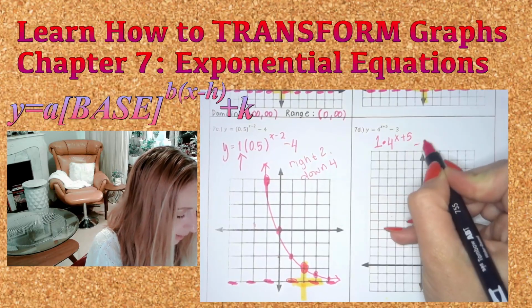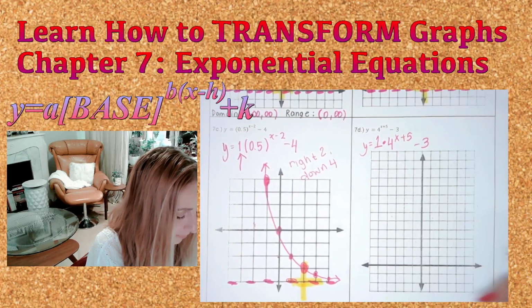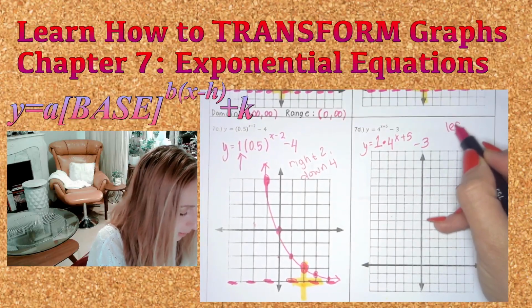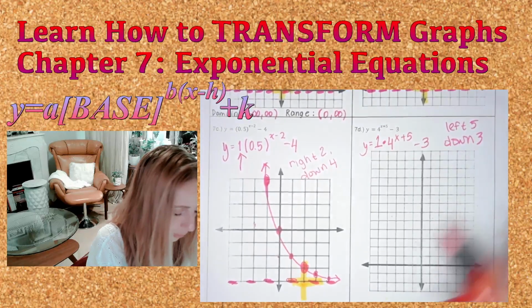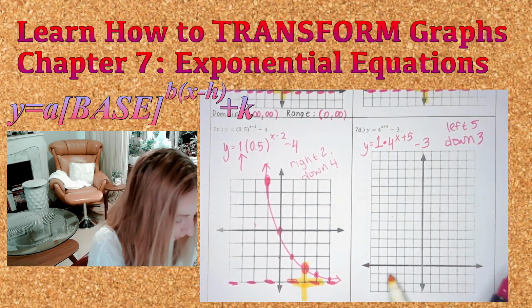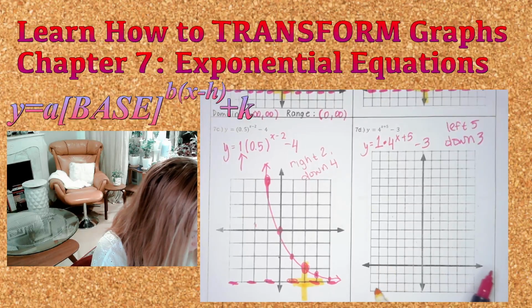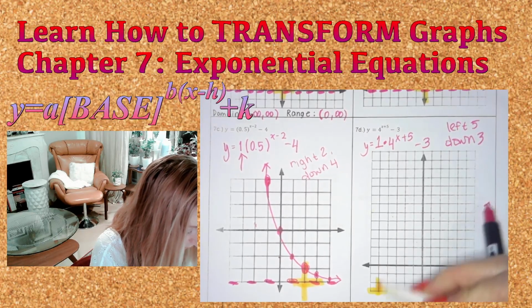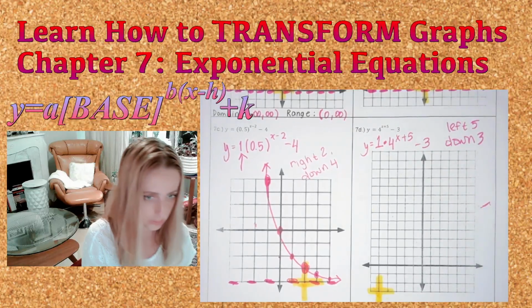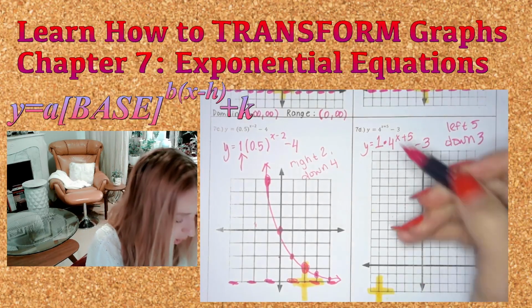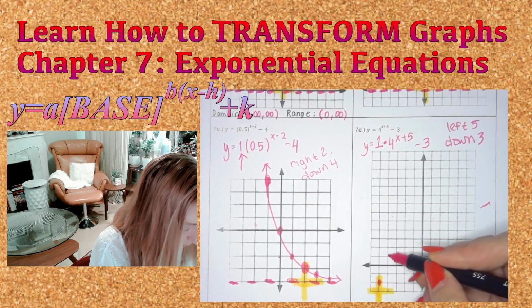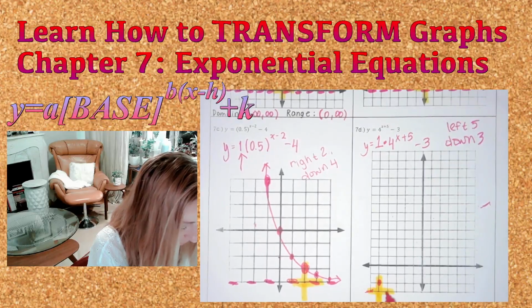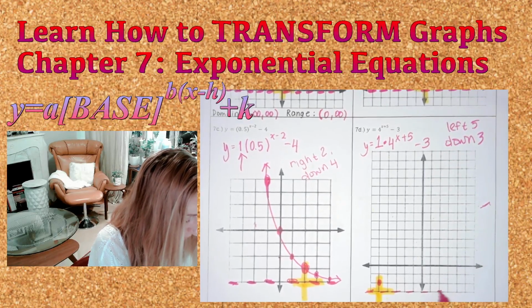X plus 5, minus 3. So where am I moving? Left 5, down 3. Left 4, 5, down 3. That's where I am calibrated to. Again, that 1 in front, 1 times 4. So each bar graph, if it was a bar graph coming off of this horizontal asymptote, oh my gosh, she's barking.